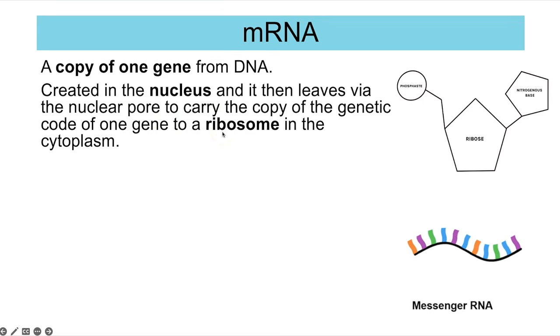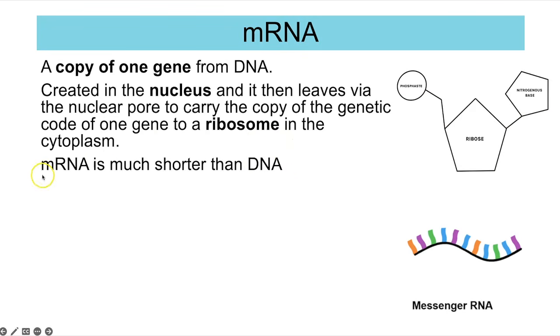So this is really important because DNA cannot leave the nucleus because it is so large, whereas mRNA is much shorter because it's only a copy of one gene. But this is actually a good thing. We don't want DNA to leave the nucleus because that is your hard copy of your genetic material. And if it got into the cytoplasm, there are enzymes in the cytoplasm that could break down that DNA.